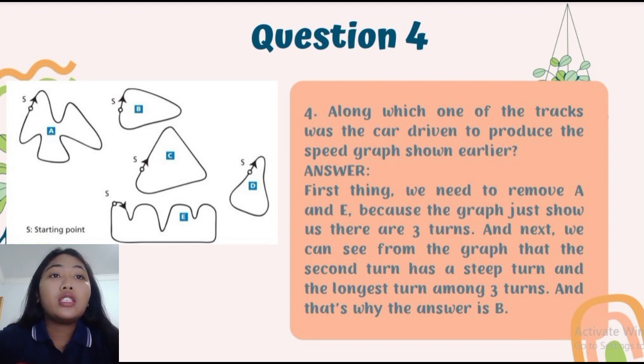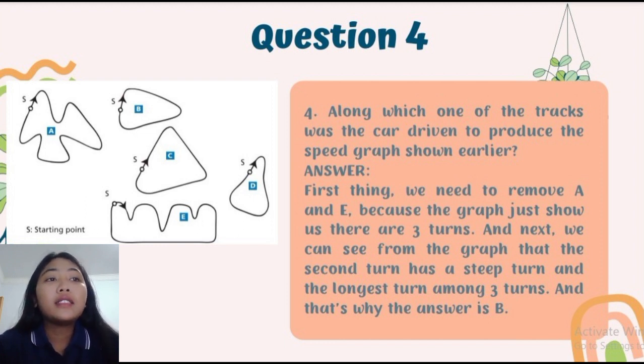A has 1, 2, 3, 4, 5, 6, 7 turns, so I will eliminate it, and the E track also has 7 turns. So we can eliminate A and E tracks.